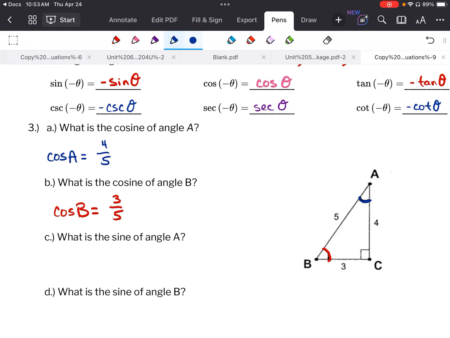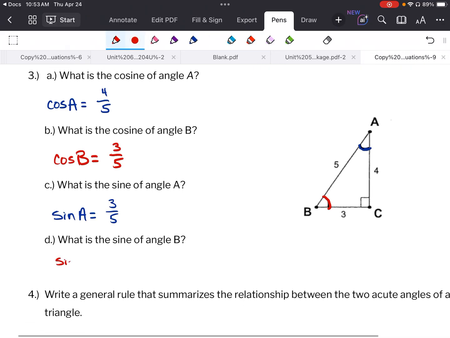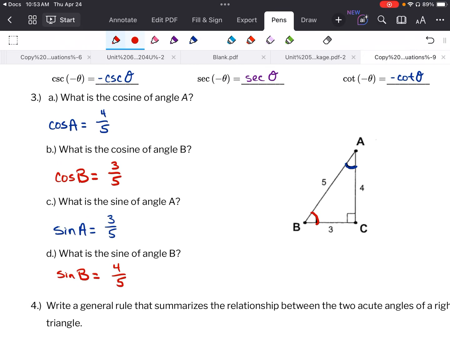Sine of A is opposite over hypotenuse, and sine of B is opposite over hypotenuse. And what can we gather here?